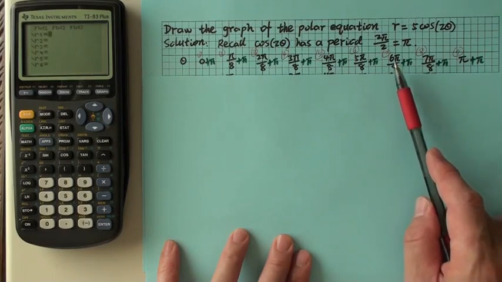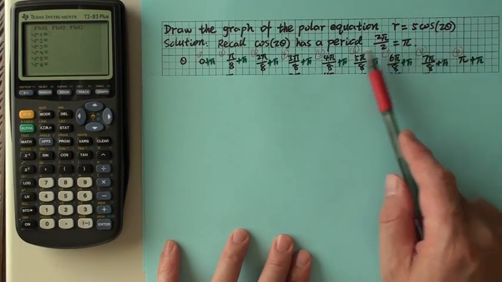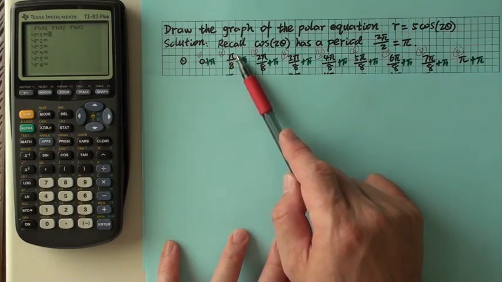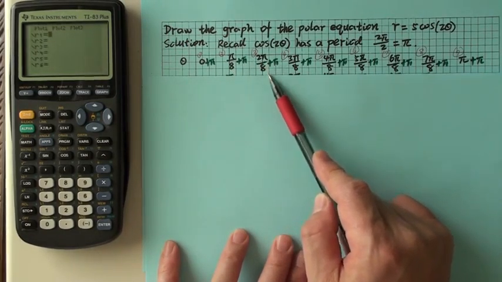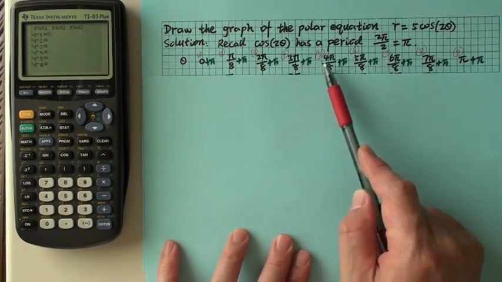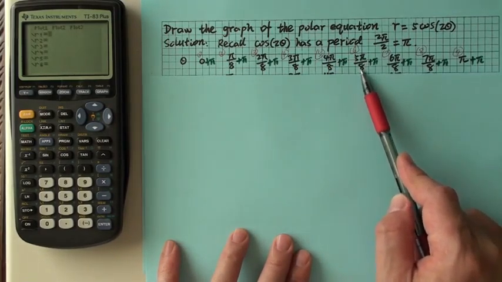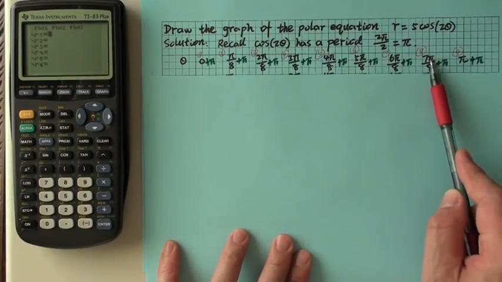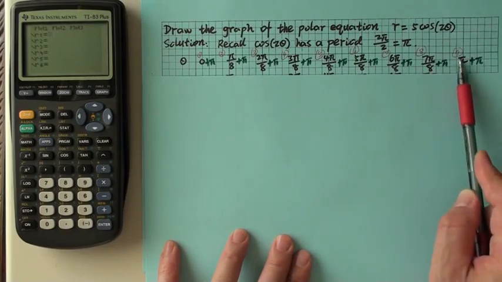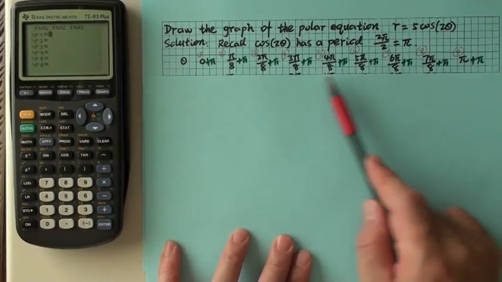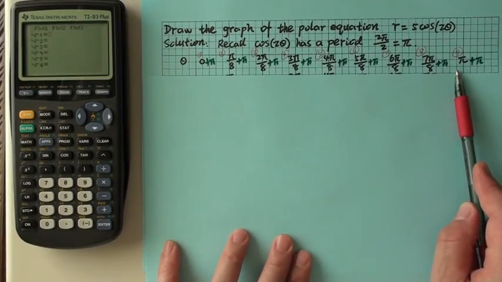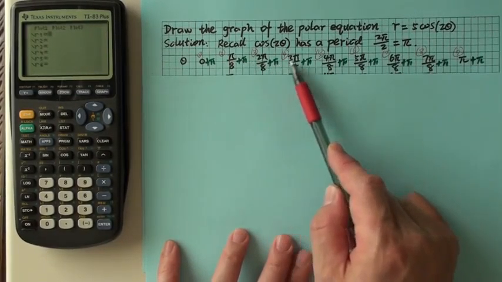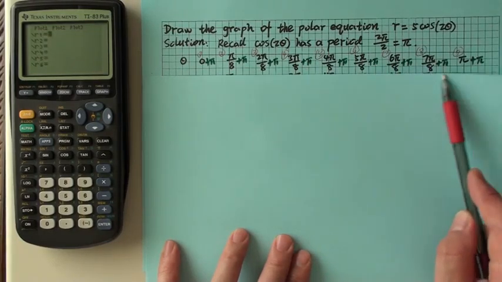Then you can see the values I chose are 0, pi over 8, 2 pi over 8, 3 pi over 8, 4 pi over 8, 5 pi over 8, 6 pi over 8, 7 pi over 8, 8 pi over 8, which is pi. That's one period. Later on we consider add pi. That's the second period.